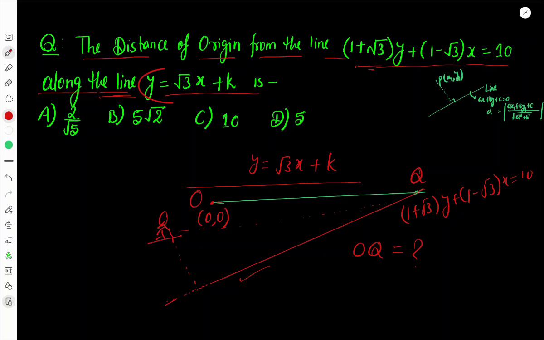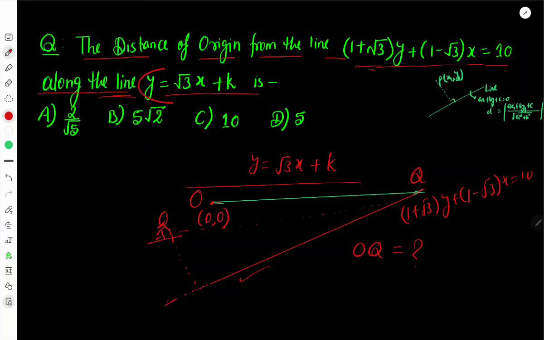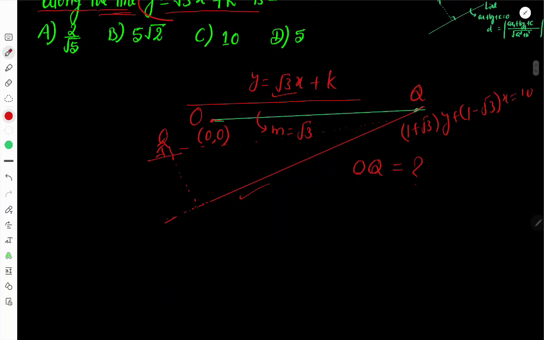If we have to measure the distance along this line, then this is also a line, and we can write its equation. Its slope will be the slope of the given line, because these two are parallel. So m is equal to root 3. The equation of the green line will be y minus 0 is equal to root 3 times x minus 0.